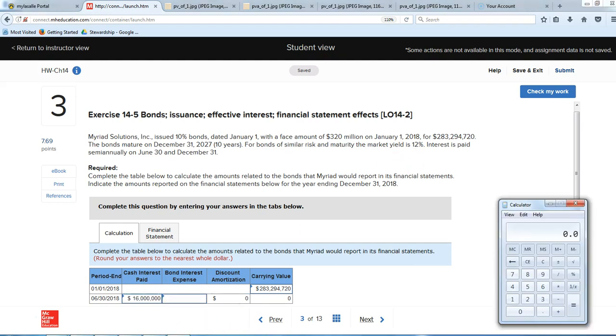So half of the 12% is 6%, multiplied by the previous balance, 283,294,720. Connect asks us to round to the whole dollar, so here we will not round up. This is only a 2. So it is 16,997,683.